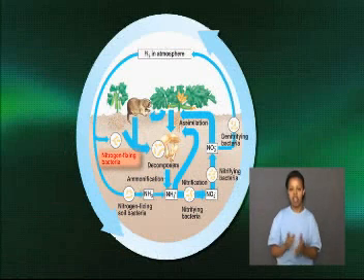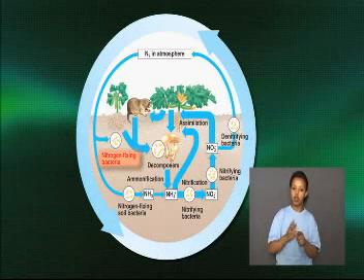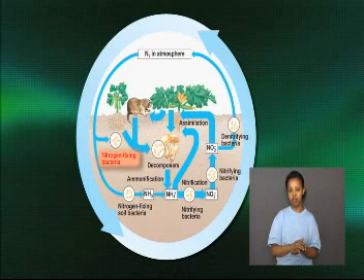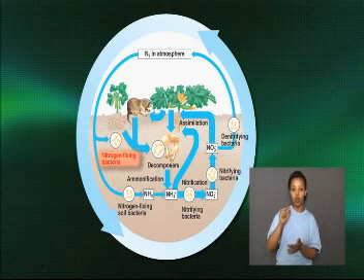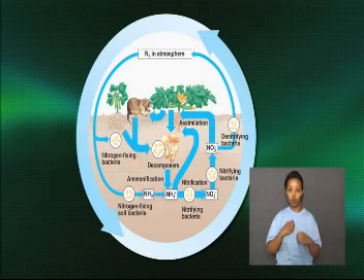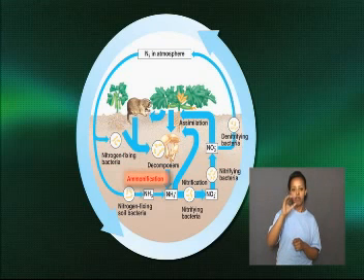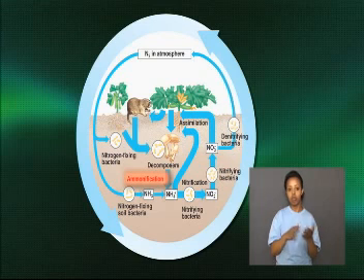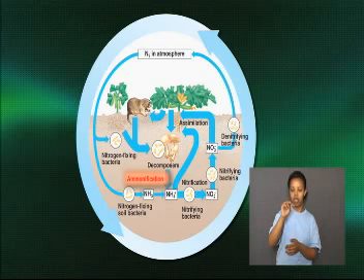First, nitrogen-fixing bacteria fix nitrogen gas into forms that other organisms can use. Next, ammonifying bacteria break down proteins in dead organisms and animal waste. This releases ammonium ions, which can be converted into nitrates.